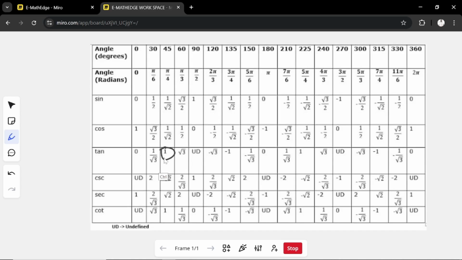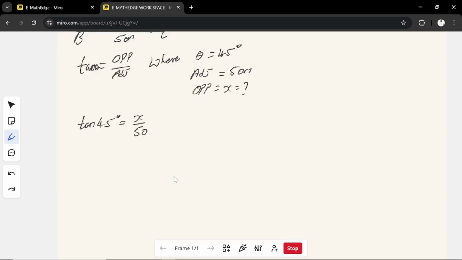So tan 45 is the same thing as 1. So in that case, we can replace tan 45 with 1 to be equal to x all over 50. So let's take this to fractions so that we can easily cross multiply.